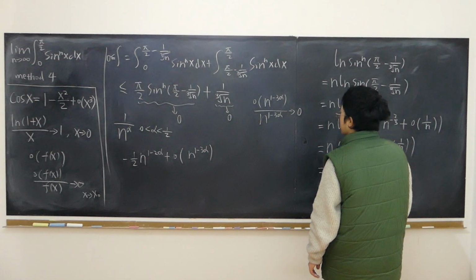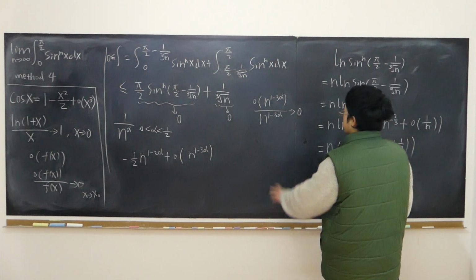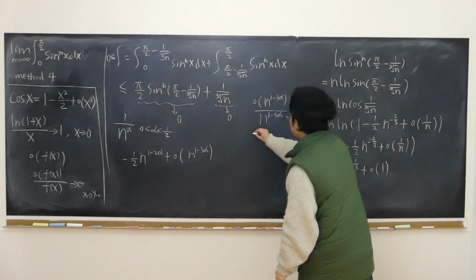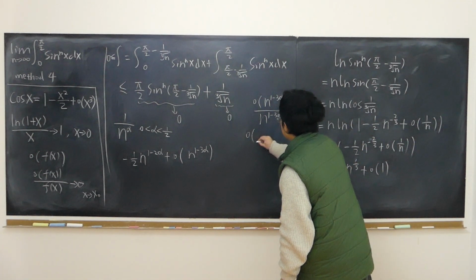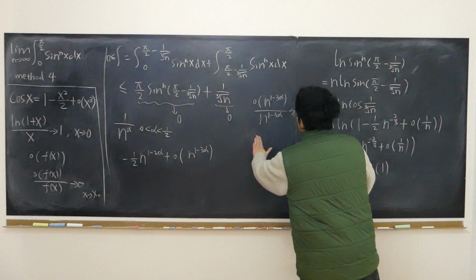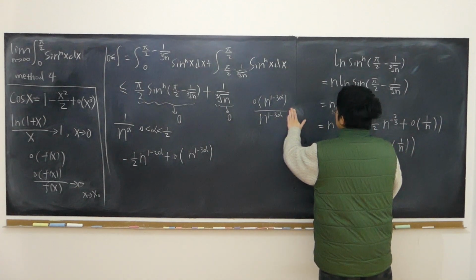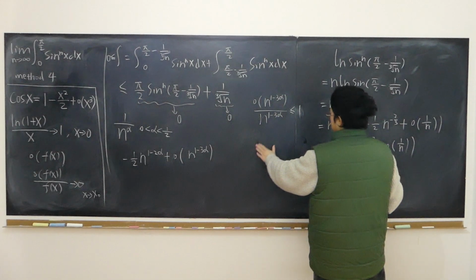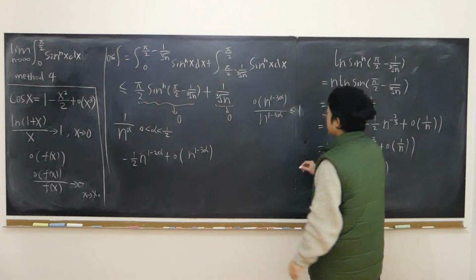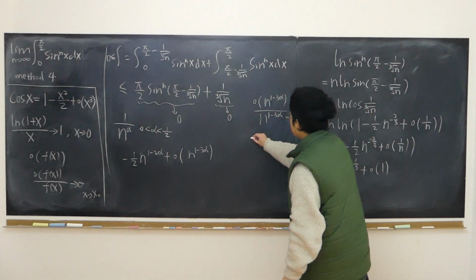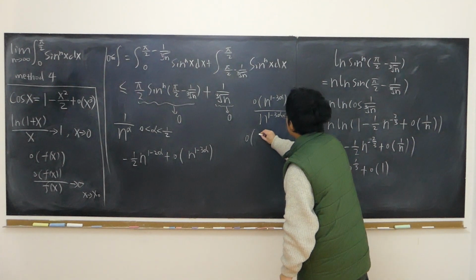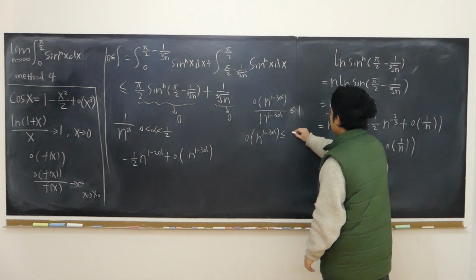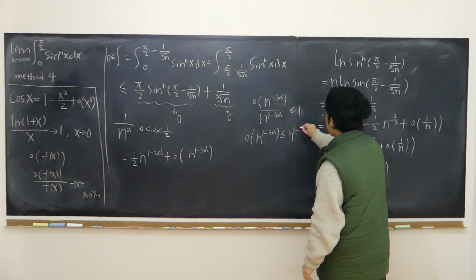So when n is large enough, this quantity is small enough, at some point less than or equal to 1. This is achievable, of course. Then multiplying it over here, little o of n to the power of 1 minus 3 alpha is less than or equal to n to the power of 1 minus 3 alpha.